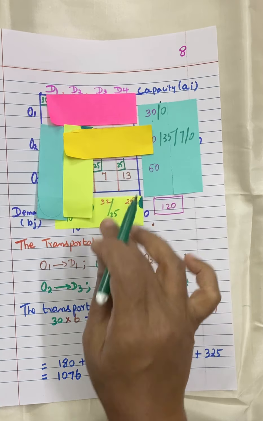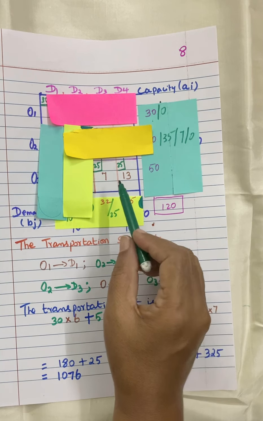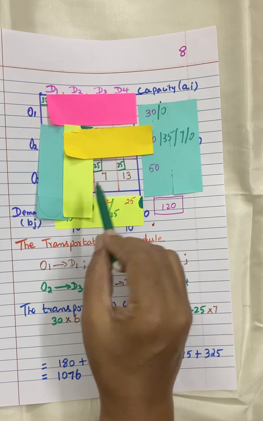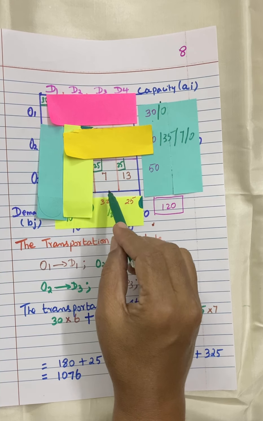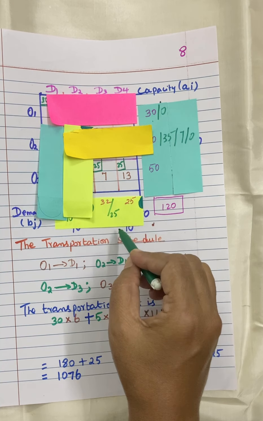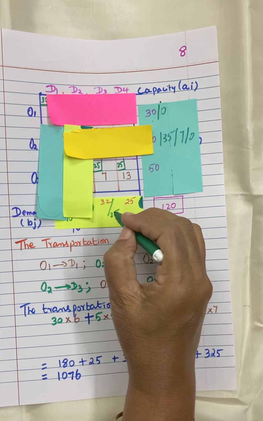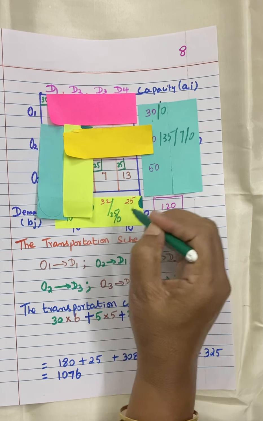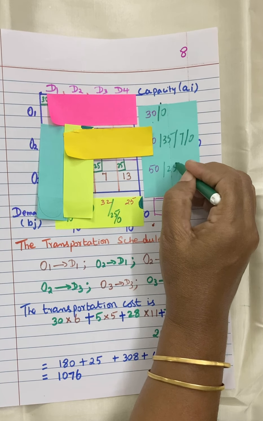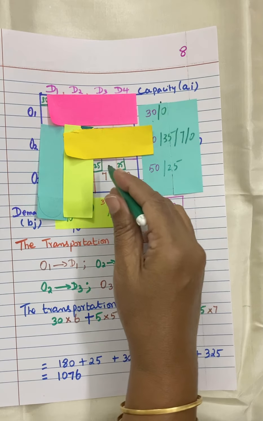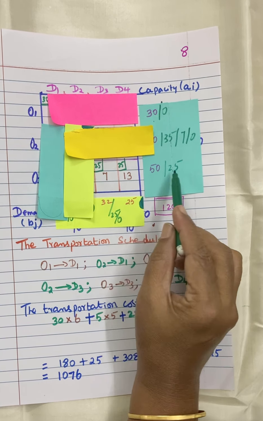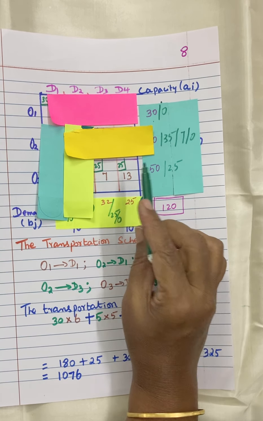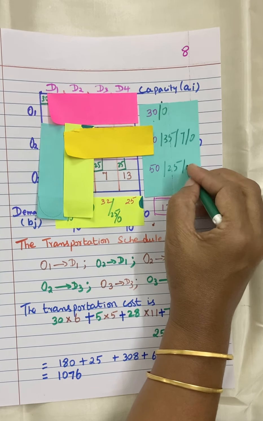Now I got 2 numbers. Now the west number, northwest. Among the 2 numbers, this is the west. So 7. Here it is 50, here it is 25. I am assigning 25. After assigning 25, I have to subtract 25 from here. So this is 25. Over, don't cancel it. Now the last number is here. So here 25, here 25, assign 25, subtract 25.